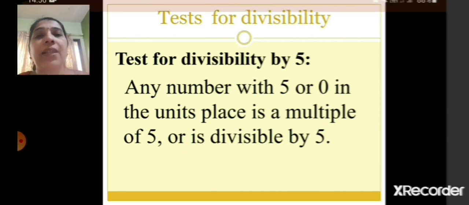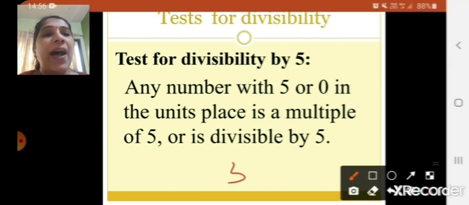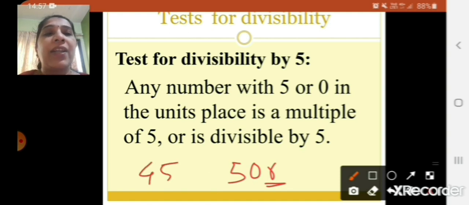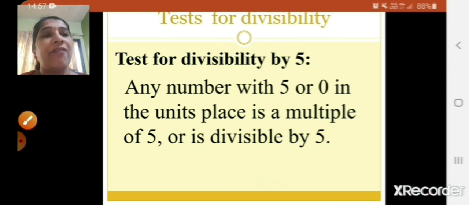If I take the number 500, 0 is there in the units place, that means it is divisible by 5. Or you take the number 455. Again 5 is there in the units place, that means it is divisible by 5. You need not carry out the division, right? So if the units place is 0 or 5, that number is divisible by 5.